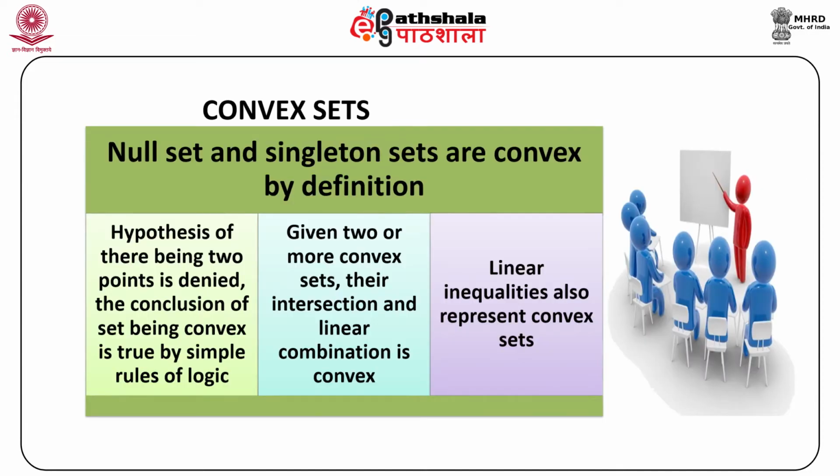If only the boundary is considered as constituting the set, then none of the above sets is convex. The null set and singleton sets are convex by definition. Since the hypothesis of there being two points is denied, the conclusion of the set being convex is true by simple rules of logic. Given two or more convex sets, their intersection and linear combination involving additions of positive multiples of convex sets is convex.